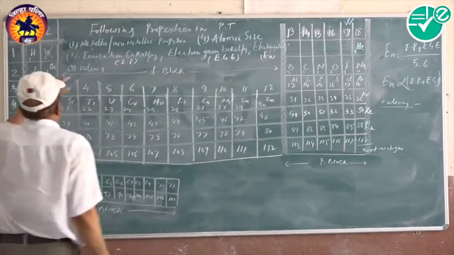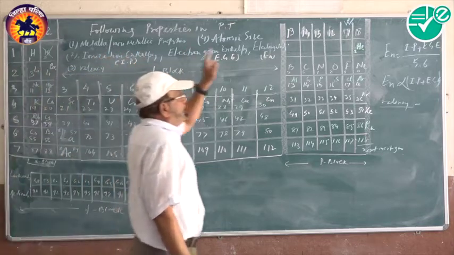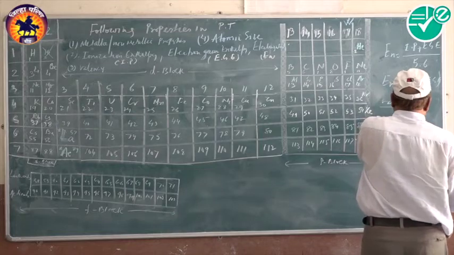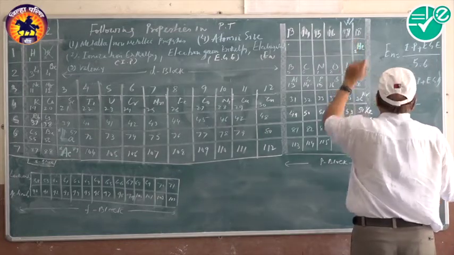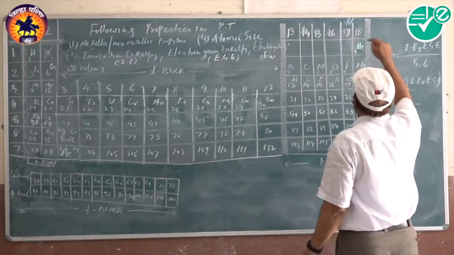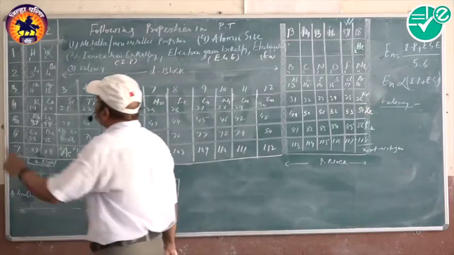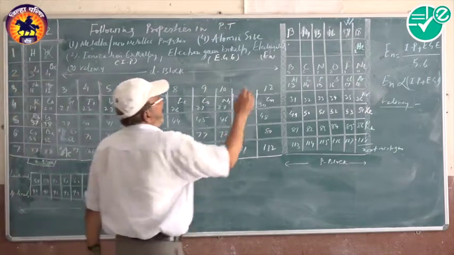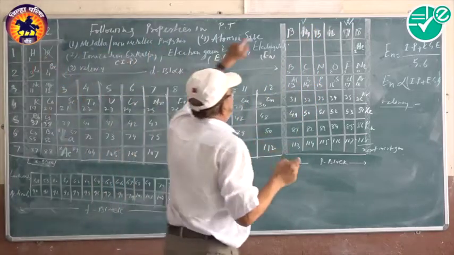And third one is valency. What is valency? It is the number of electrons lost, gained or shared during formation of a compound. Every element tries to obtain the nearest inert gas configuration. From left to right, valency increases up to carbon: 1, 2, 3, 4.